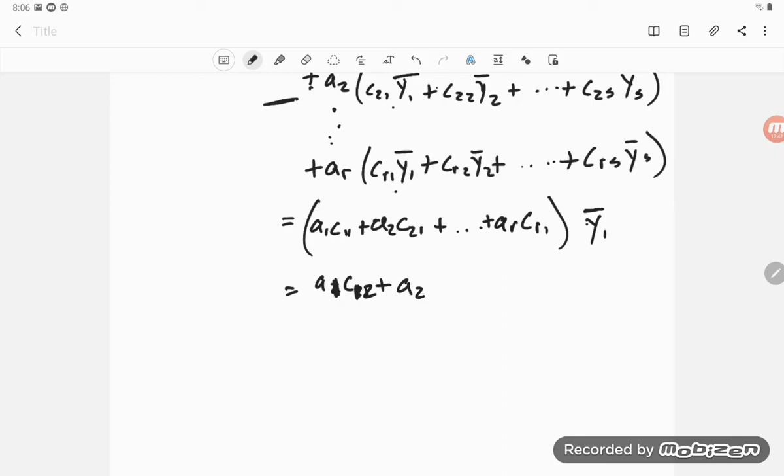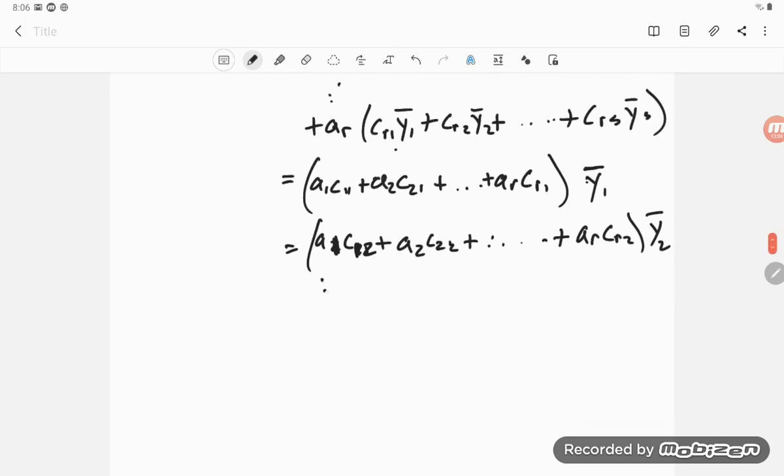So now I have my A2 C22, and then plus dot dot dot, all the way to AR CR2, and that's times Y2. And I keep doing that all the way, oh, that should be a plus. And then plus my last row.